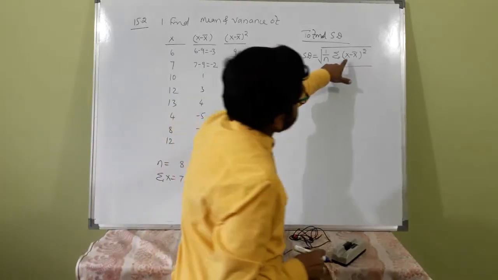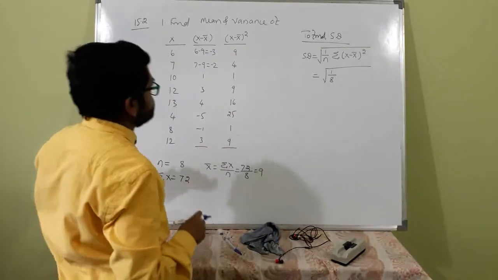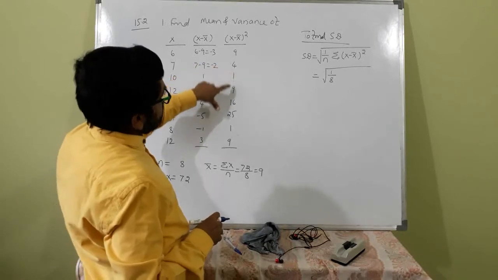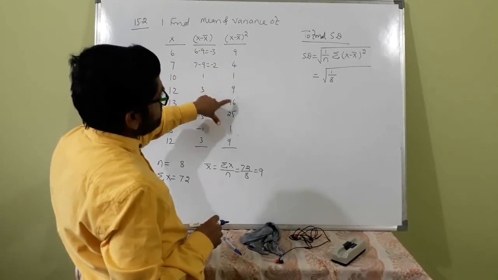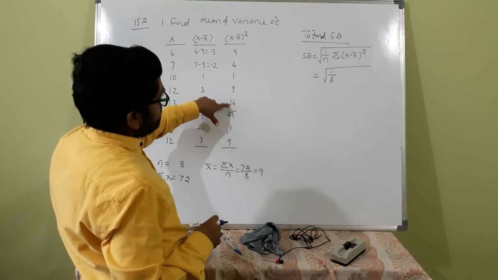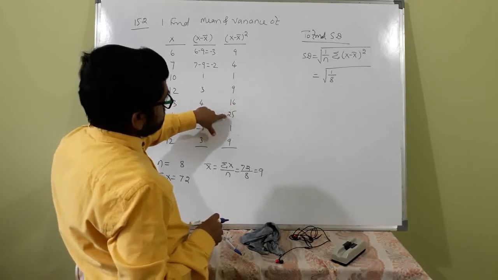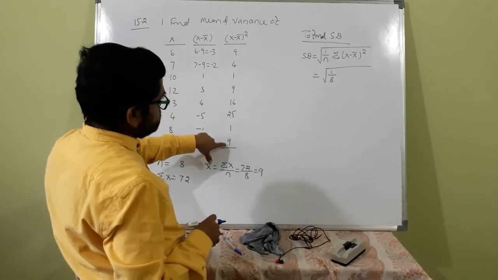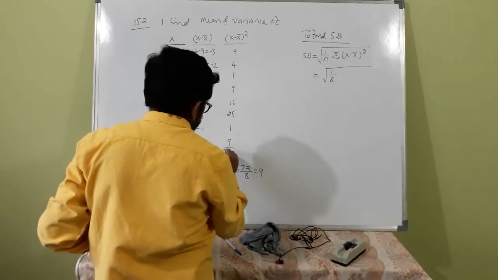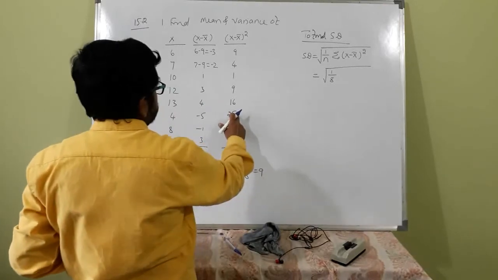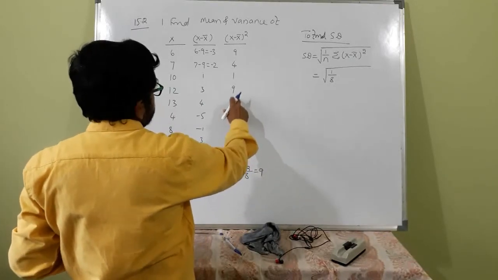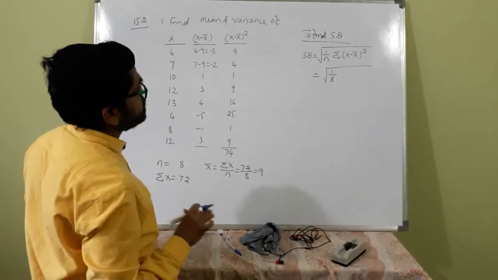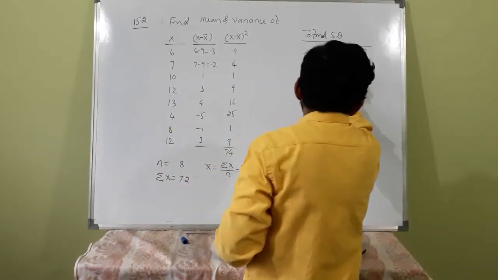The summation of x minus x bar whole square is required, so you have to take the total of this. 9 plus 4 is 13, 13 plus 1 is 14, 14 plus 9 is 23, 39, 64, 65, 65 plus 9 is 74. Yes, 74 is correct.